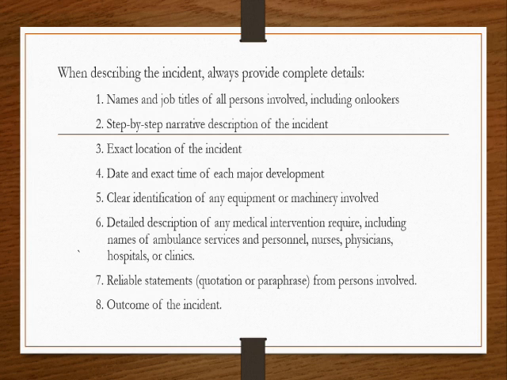Number 6. Detailed description of any medical intervention required, including names of ambulance services and personnel, nurses, physicians, hospitals, or clinics. Number 7. Reliable statements, quotations, or paraphrases from persons involved.